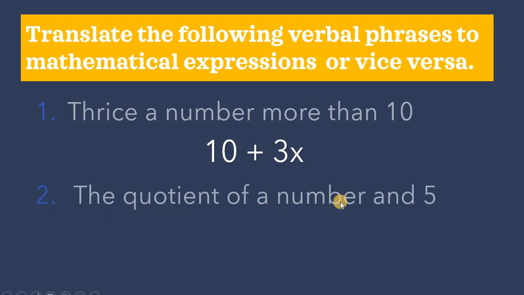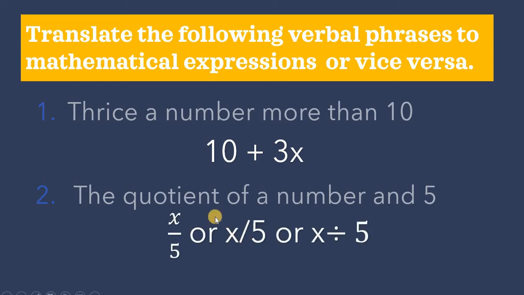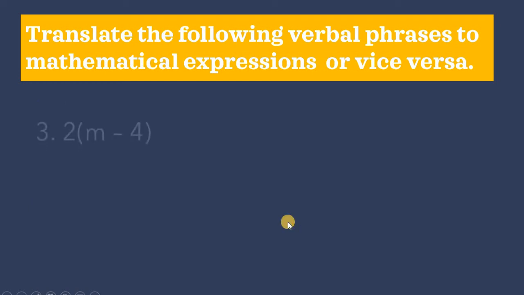The quotient of a number and 5. So, yung quotient, that means division. So, when we translate this, a number, okay, gumamit ako ng x over 5. Or, x, lahat naman yan, ibig sabihin, x divided by 5, okay, lahat yan. Okay, division ang ibig sabihin. Next one.